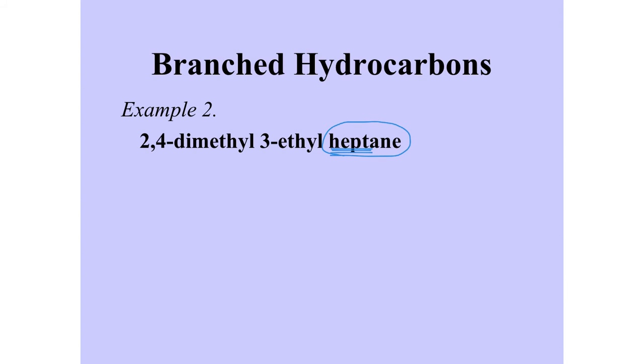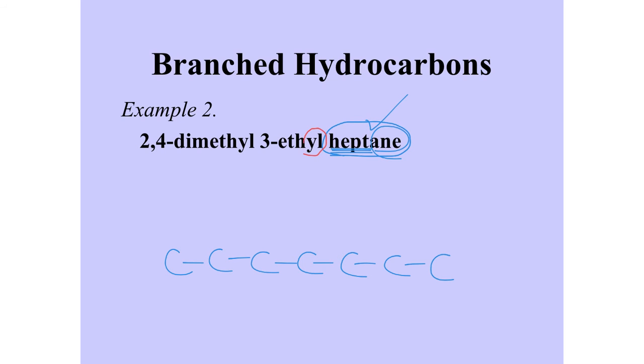We look at table P. We see that hept means you have 7 carbons. So we draw 7 carbons in a straight chain. And they have the ane ending, so we connect those with single bonds. So now we are done with the heptane portion.